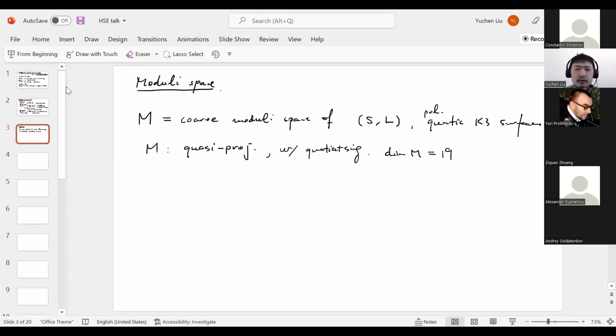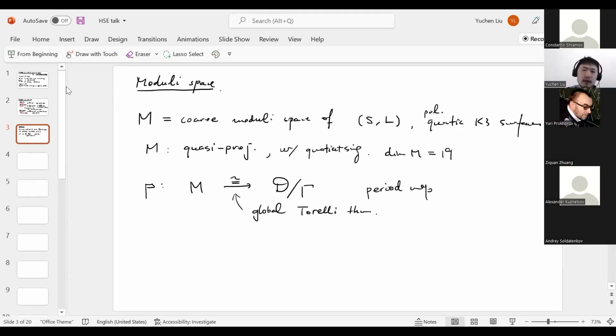And there's another Hodge theoretic explanation. We have the period map from M to the quotient of a period domain by some monodromy group. This is the so-called period map, and this is an isomorphism because we have the global Torelli theorem for K3 surfaces.